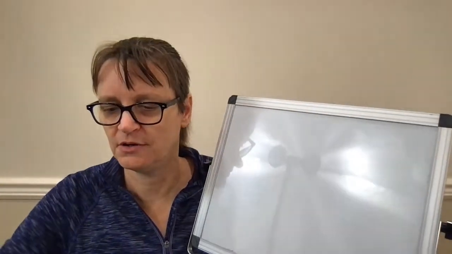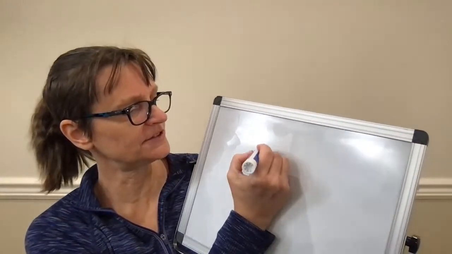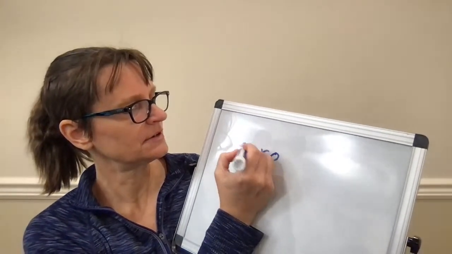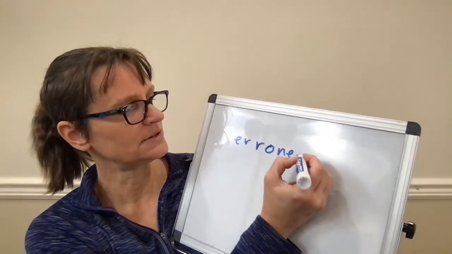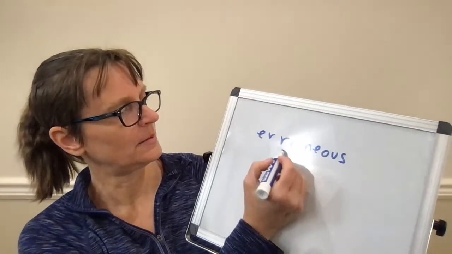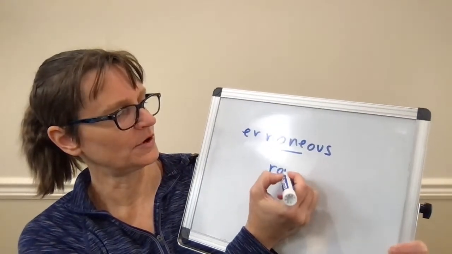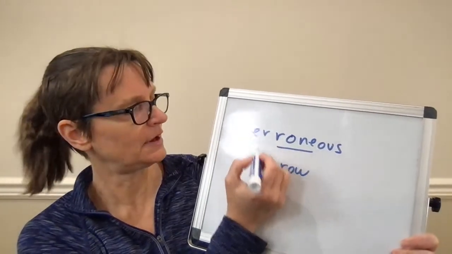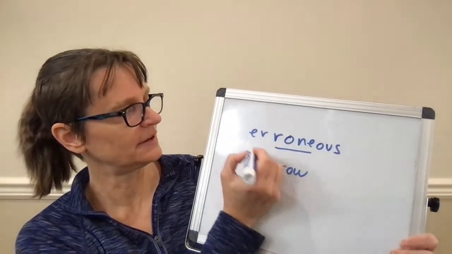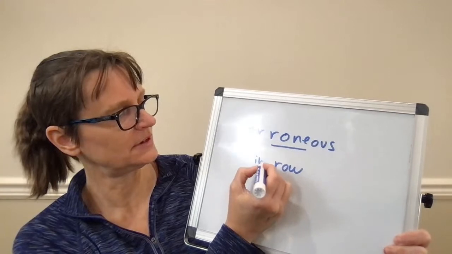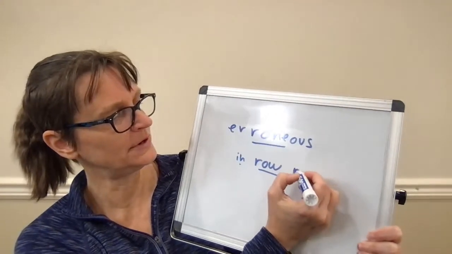You also asked for erroneous and discriminatory. So in erroneous, again, we have second syllable stress. Erroneous. So thinking about that like the word row. And then here we have an I sound.